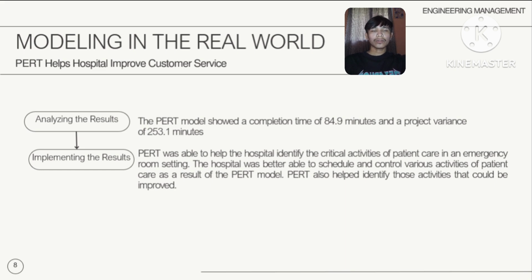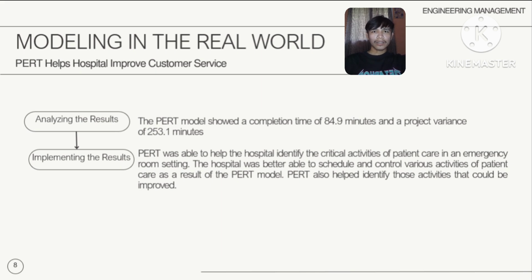Better schedule and control. They could assign more resources to the critical activities to keep them on schedule. Targeted improvements: instead of trying to speed up every activity, they focus improvement efforts on the critical ones. For example, they might have moved form filling to the earlier non-critical stages or implemented digital registration to reduce the time of the bottleneck.